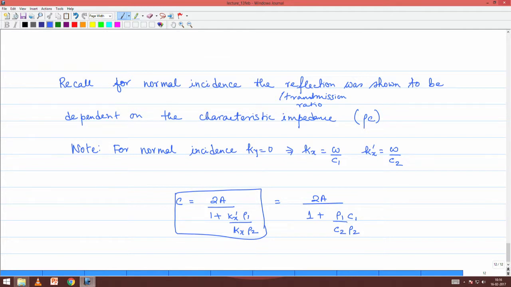So, again we get back the ratio of impedances, which is what we expect for a normal incident case. So, we have also shown that from the oblique incidence you could recover back the results of the normal incidence, because normal incidence is after all a special case of oblique incidence. Oblique incidence is more general.